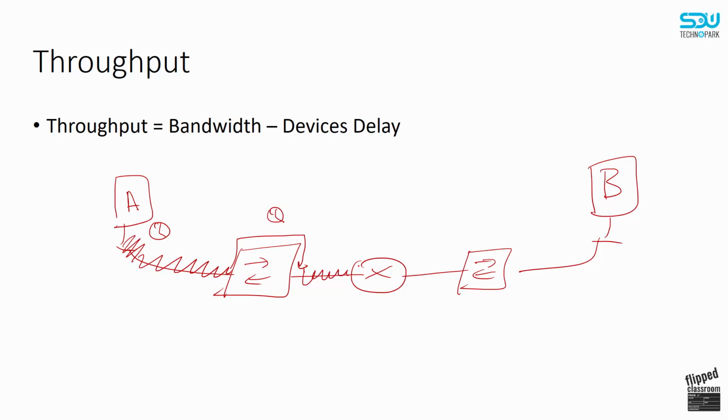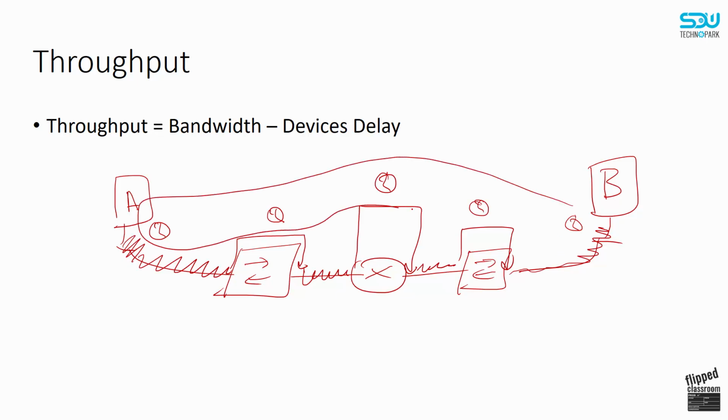When signals go to the router and the router makes decapsulation up to layer 3, it also takes time, and signals travel to the switch again, and it takes time, and signals are traveling to computer B, and when computer B receives them, it takes time also. So all of these times are called device delay. So devices are providing the delay.